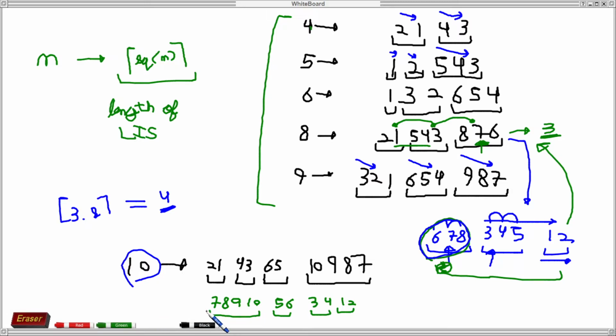Here we can see that this group will give us an LIS value of 4, and we cannot increase it further because these other groups will only make an LIS of 2. In this we can choose any of 1 and 2, then any of 3 and 4, then any of 6 and 5, and any of 10, 9, 8 and 7. This will also give us an LIS of length 4.